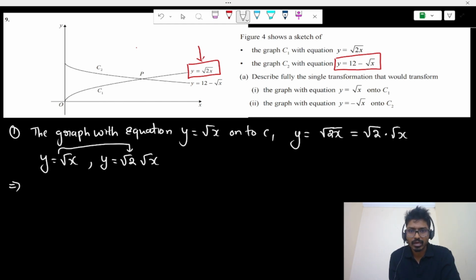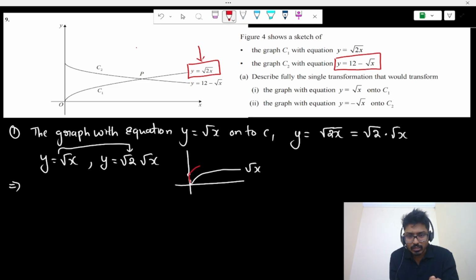If you plot a graph, for example, if this is the graph of root x, and it is multiplied by root 2, then root 2 would be somewhere here, and our graph would look somewhat like this. So this could be root 2 times root x. You can see there is a vertical transformation, that is our stretch.